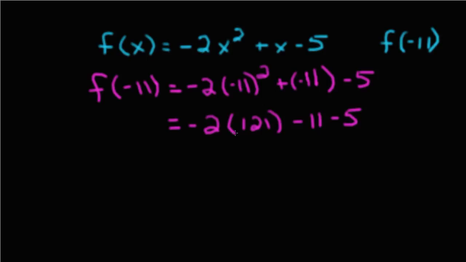So negative 2 times 121 is going to be negative 242, minus 11, minus 5. That's going to be negative 258.